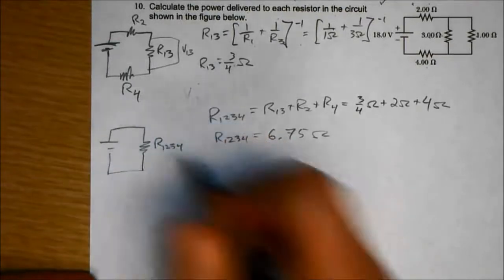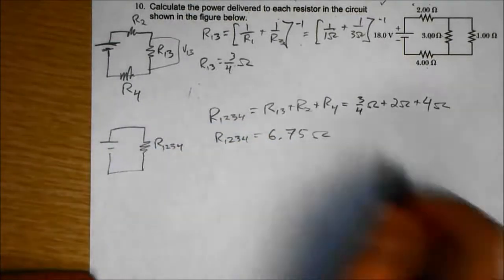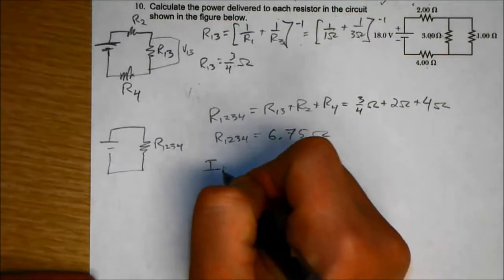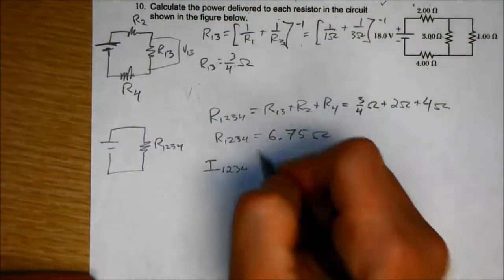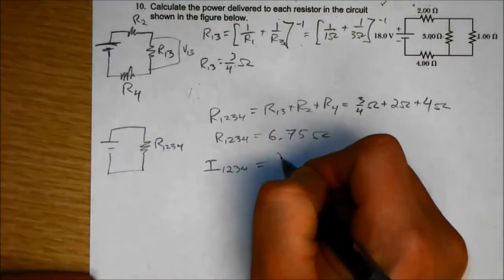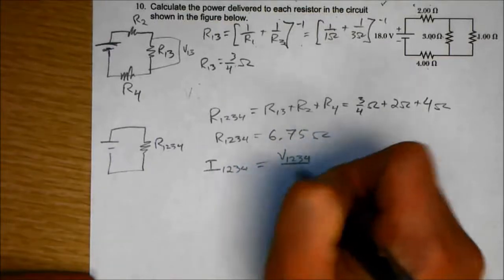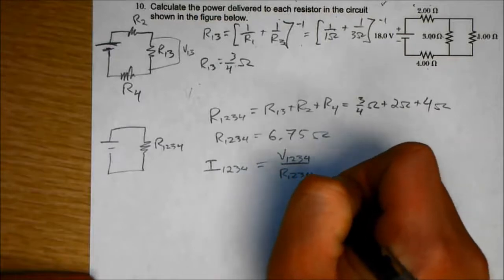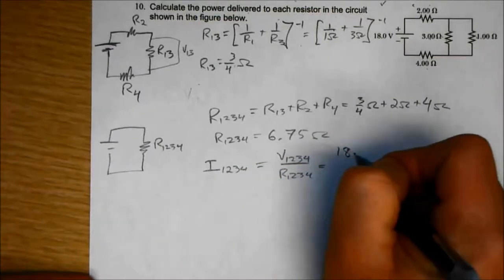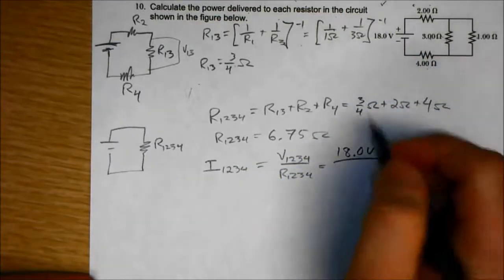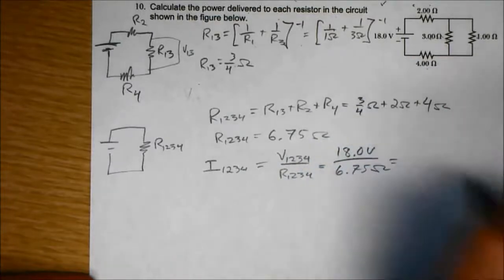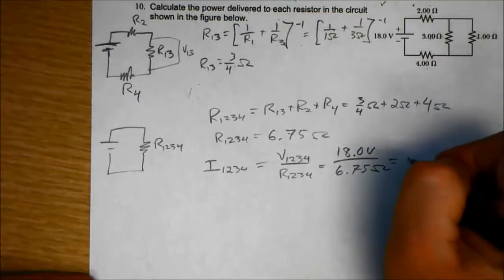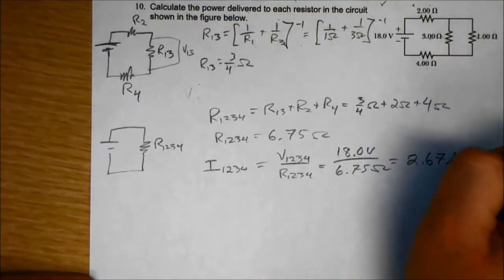So what's the current through this resistor? I1234, that's the current through this very simplified circuit. It's just V1234 over R1234, or 18 volts over 6.75 ohms. That equals 2.67 amps.